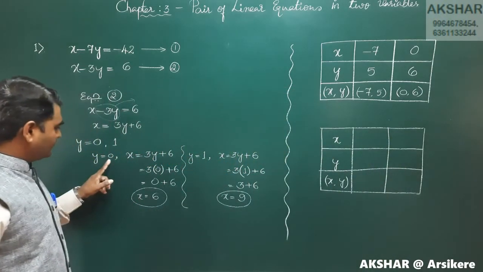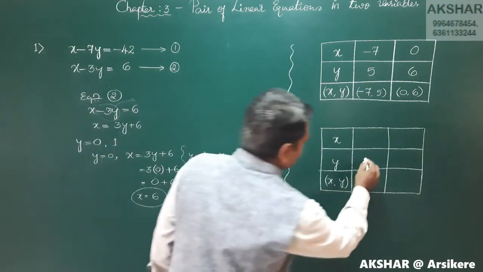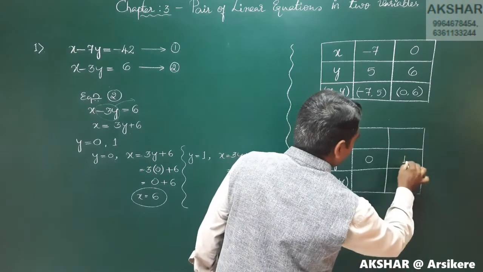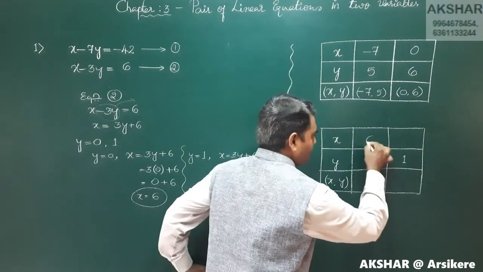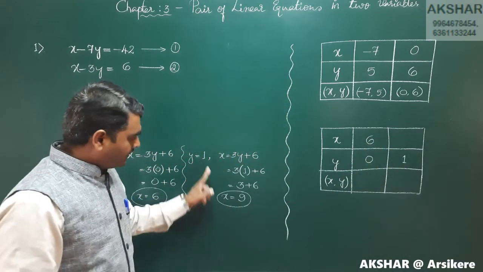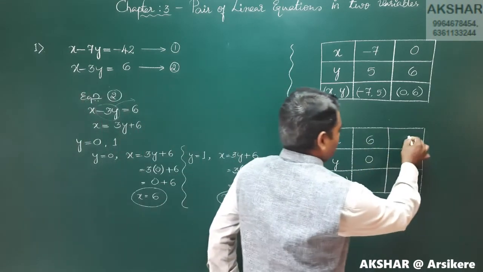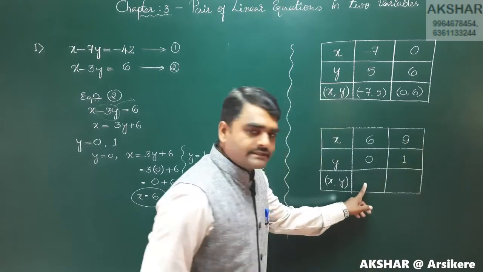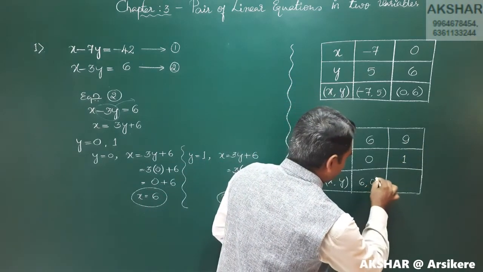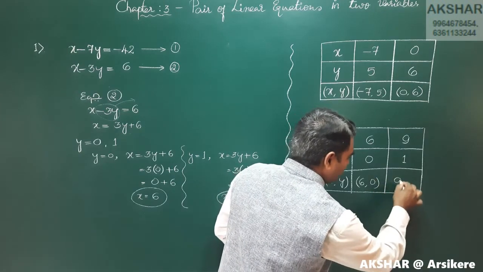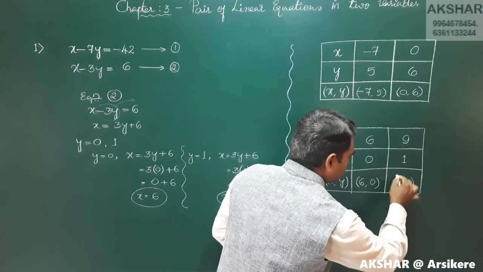If y is 0, x becomes 6. If y is 1, x becomes 9. So the coordinates are 6 comma 0 and 9 comma 1.